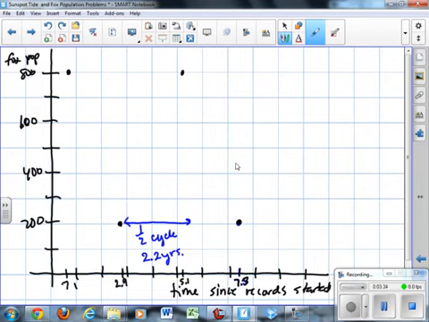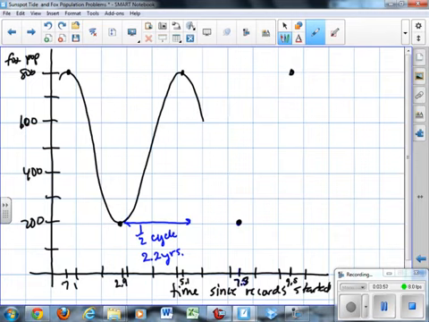And if we went farther, another 2.2, 7.3 plus 2.2, we'd be at 9.5, and we'd be at another high point. And we could keep going, but you can see here we have several cycles now that we can look at.